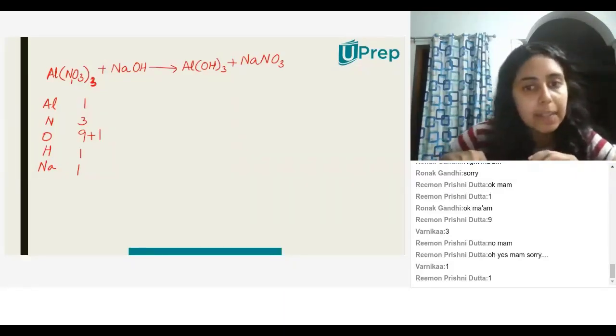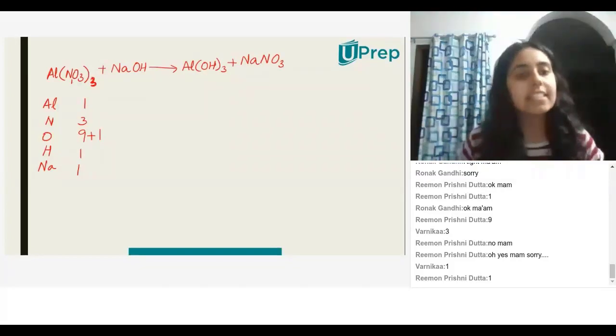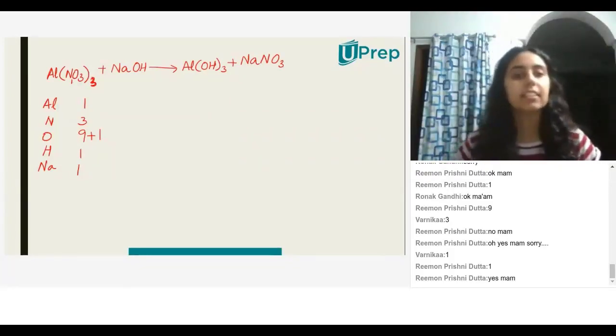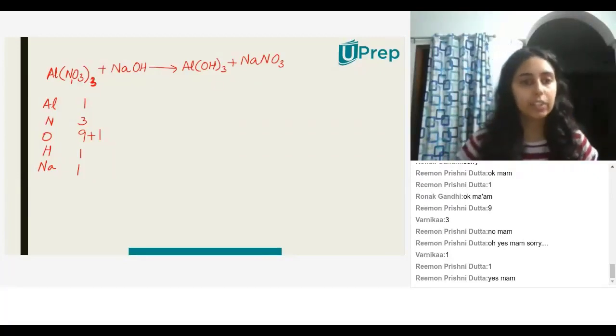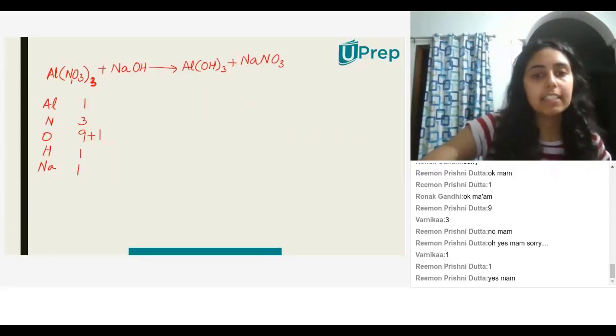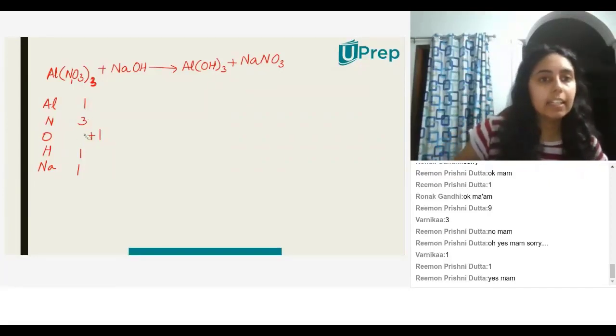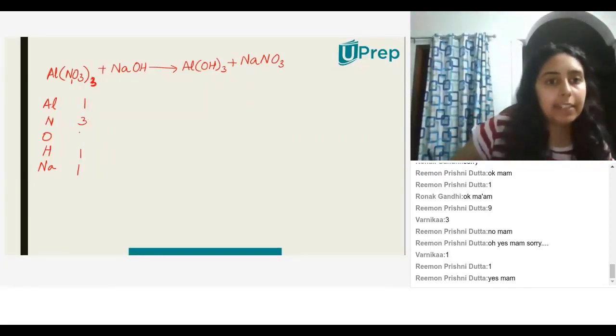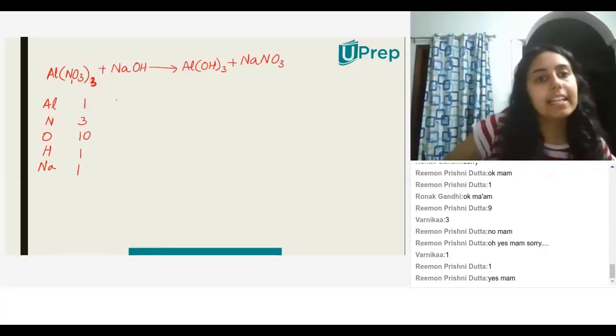Is this clear, why oxygen is 10? Okay, good. So oxygen is 10 on the left-hand side. I'm just going to correct that and write 10.